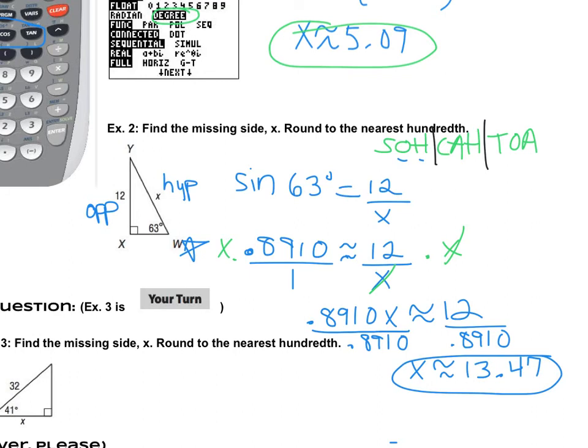Go back to the picture and make sure that makes sense. 13.47 for our answer is the hypotenuse, and in reference to the opposite that we were just given, of course, it needs to be the longest side in this triangle. And if the opposite is 12, then my hypotenuse at least has to be bigger than that, and it is. So we have an answer that hopefully makes sense.